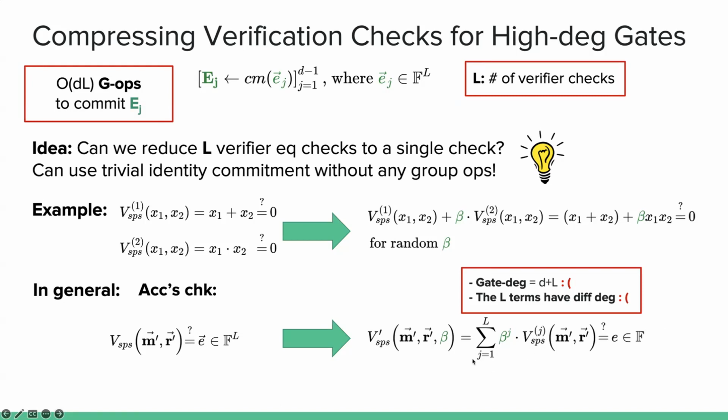And the second is that all the terms in this check are not homogeneous anymore. For example, because different terms will be multiplied by different powers of beta, so they have different degrees. So we can no longer use the folding scheme we had before, because we had the requirement that this check should be homogeneous in order to make sure that the degree D coefficient exactly matches the new verifier and the constant coefficient exactly matches the accumulator.